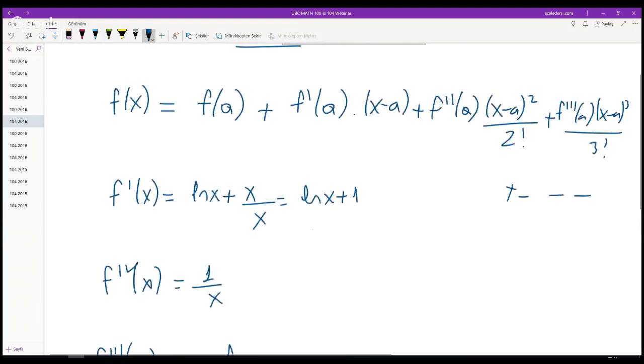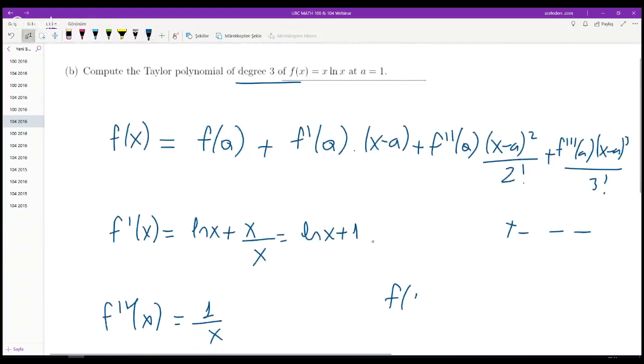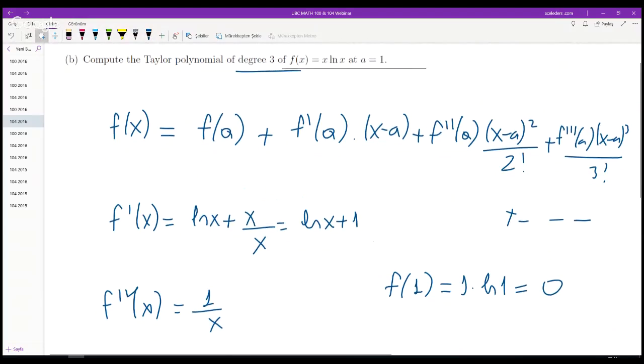So the value of the function at a, so a is 1, the value of the function at 1 is 1 times ln 1, which is 0. The value of the first derivative at 1 is ln 1 plus 1, which is 1.